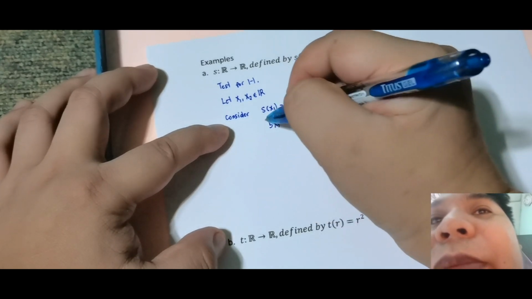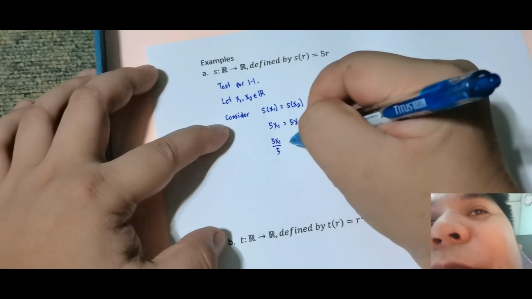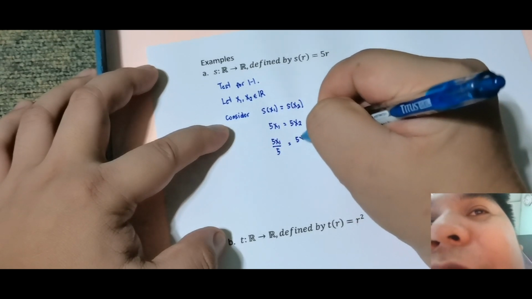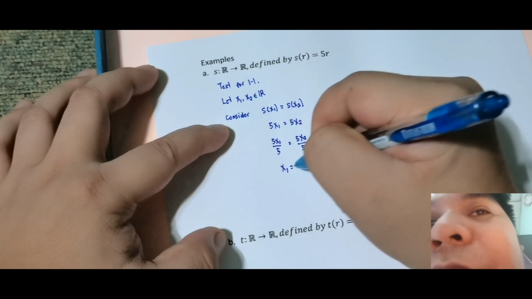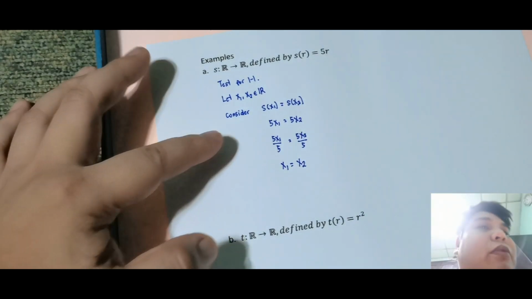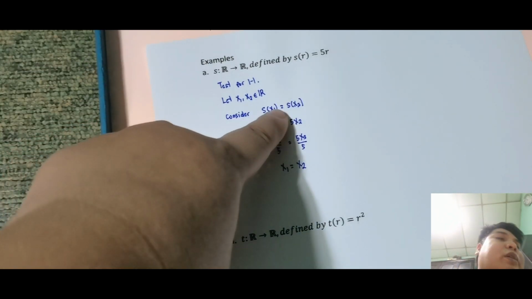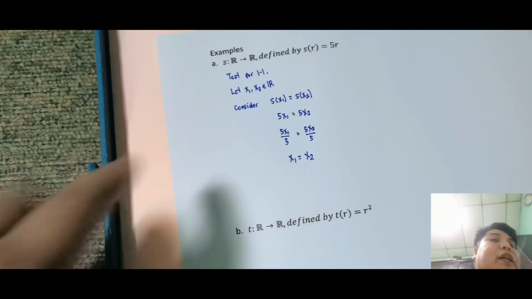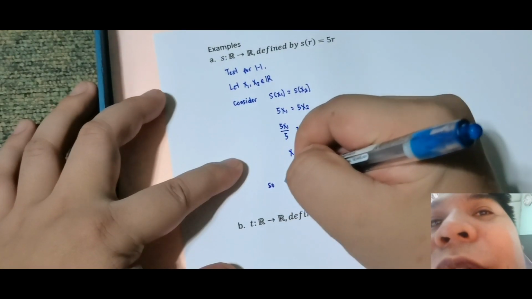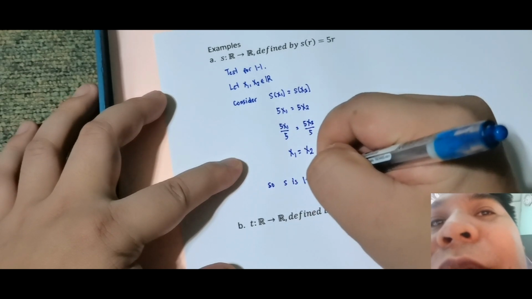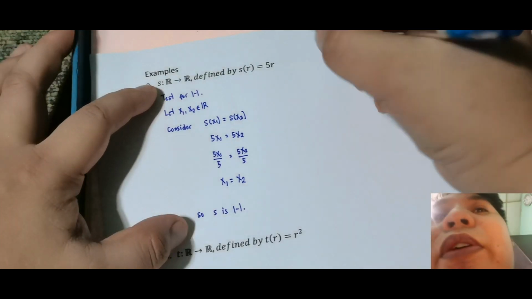Then divide both sides by 5. So that is 5x sub 1 over 5 equals 5x sub 2 over 5, which implies that x sub 1 is equal to x sub 2. So since from our assumption na S of x sub 1 is equal to S of x sub 2, napakita natin na x sub 1 is equal to x sub 2. Therefore, S is one-to-one. Okay, so tapos na tayo sa test for one-to-one. Next, test for onto.